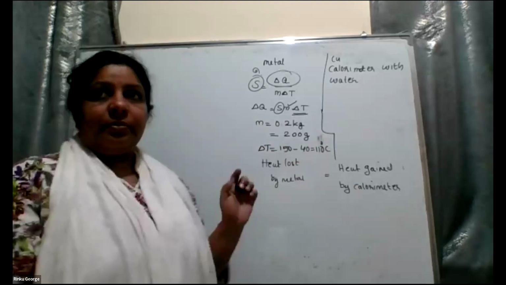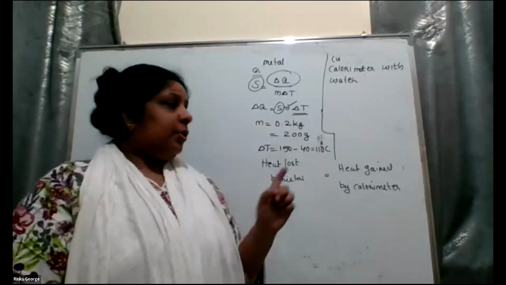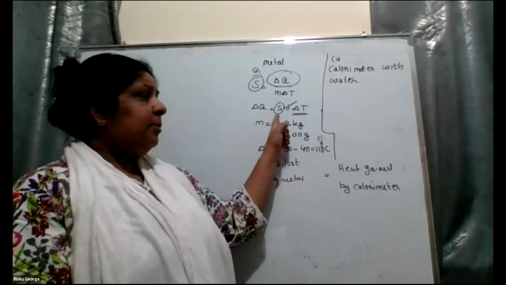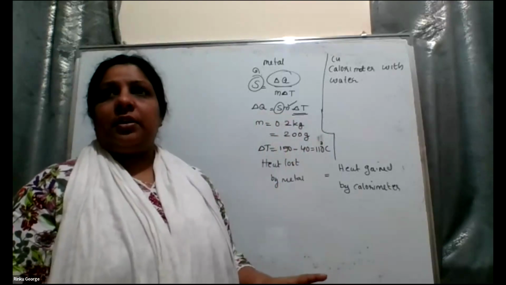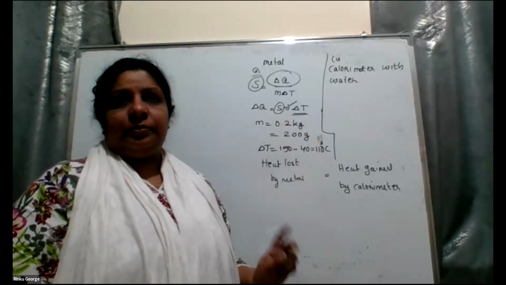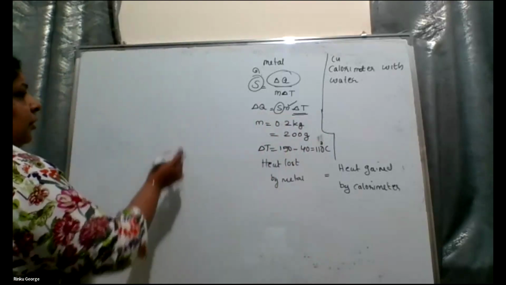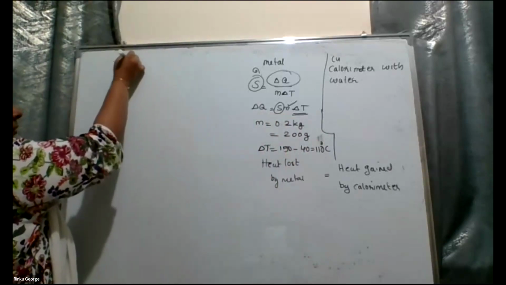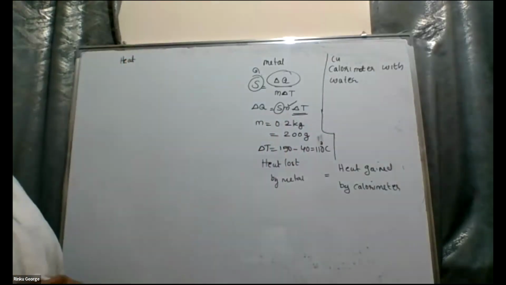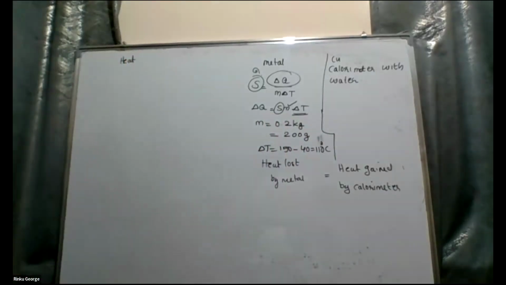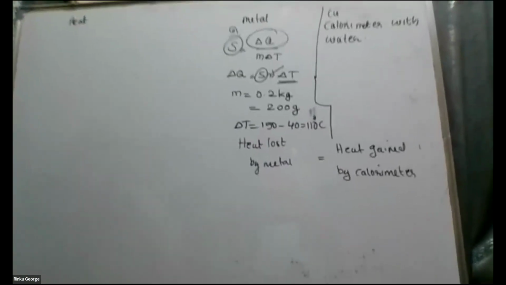That's all for the metal. Clear? So the heat loss will be S m delta T. Doubt is there? Understood, right? This much is okay. So here the condition is what? Heat lost by the metal is equal to heat gained by the calorimeter.